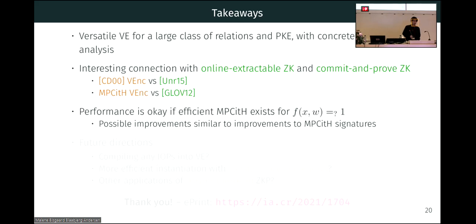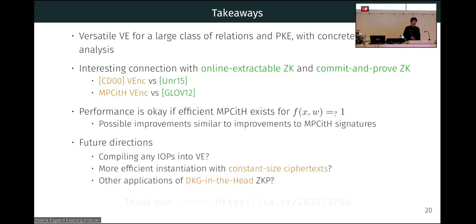And then the performance is okay as long as an efficient MPC-in-the-Head protocol exists for a particular relation. And we expect possible improvements will happen similar to the improvements to MPC-in-the-Head signatures. There are potential interesting future directions. In this work, we mostly focused on analysis of MPC-in-the-Head proofs.